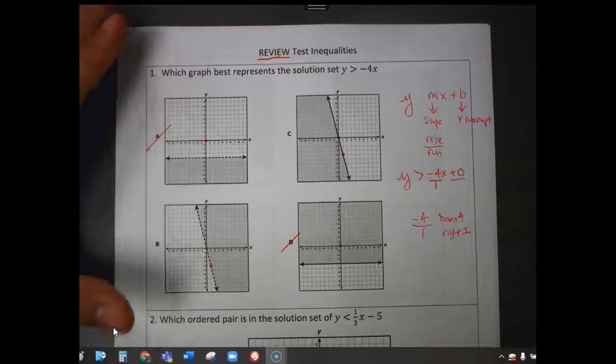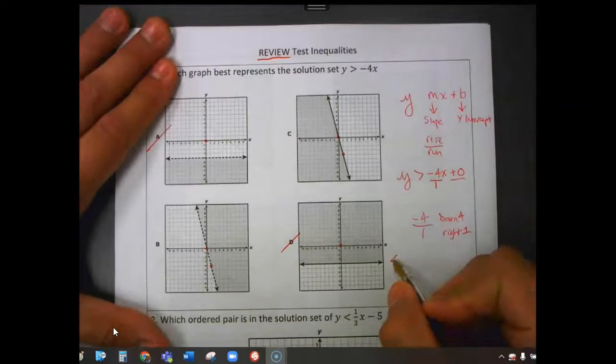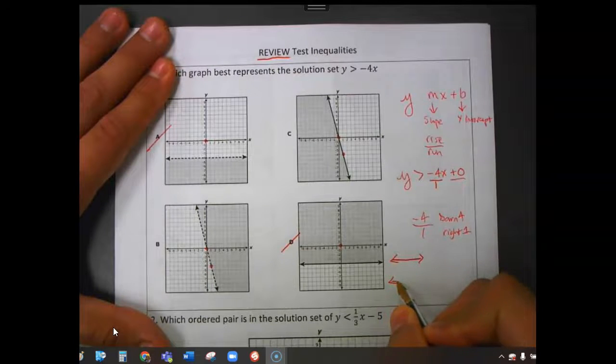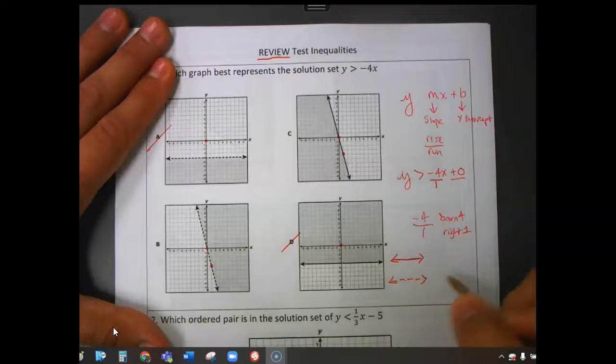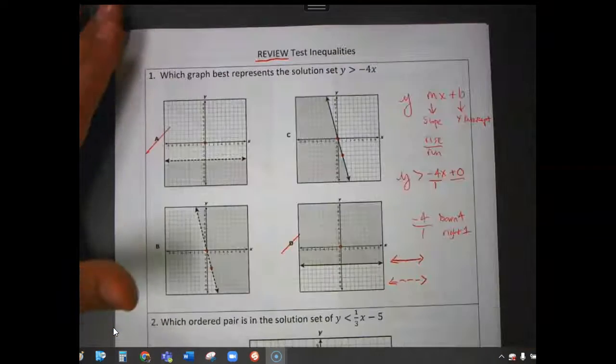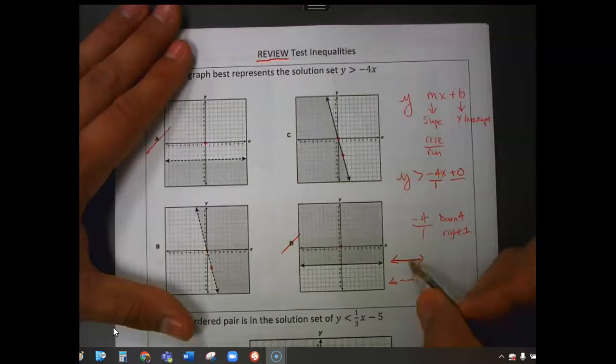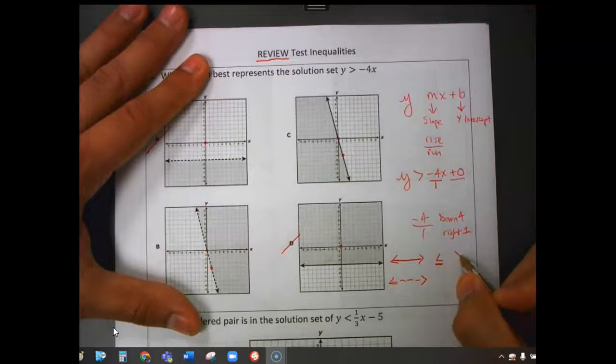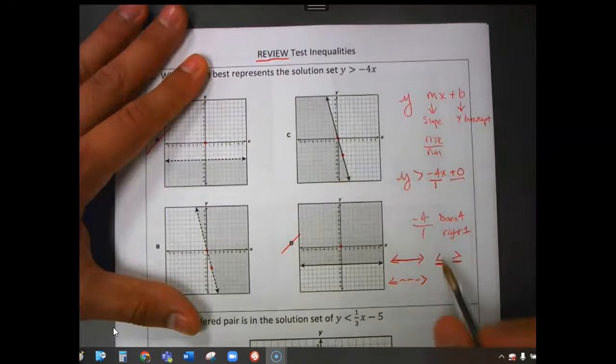Now, if you look at the lines, okay, we have a solid line and a dashed line. Well, which one's which? Well, let me tell you, okay? If it's solid, that's going to be less than or equal or greater than or equal. It's going to have this underlined little section here, okay?